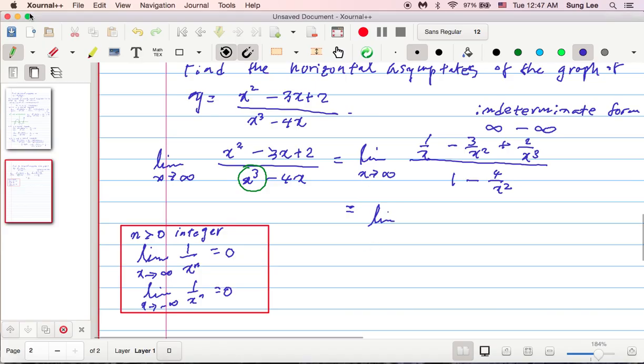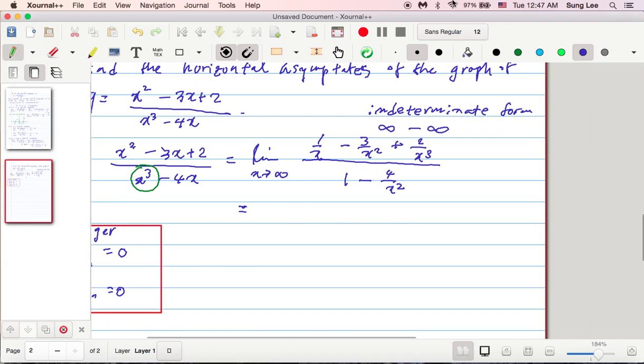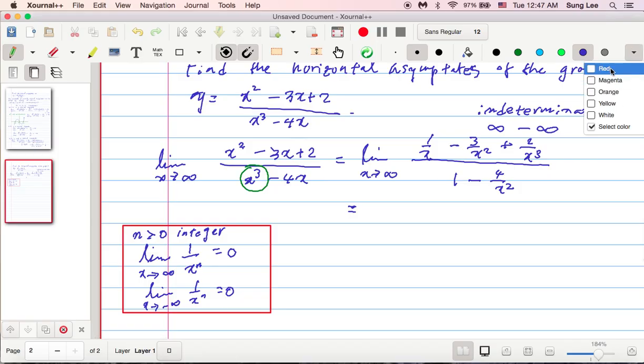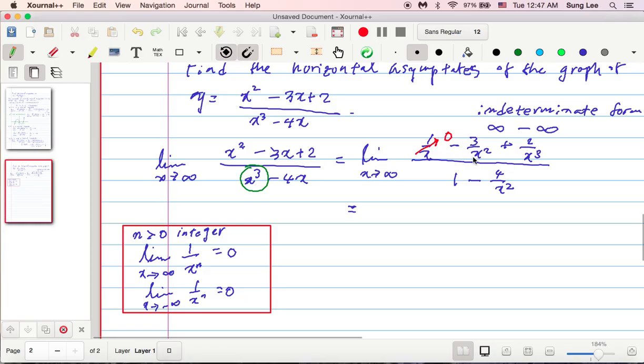So actually, I don't need this limit anymore. Using that limit, this guy goes to 0 when x goes to infinity, this guy goes to 0, this guy goes to 0, and also this guy goes to 0.